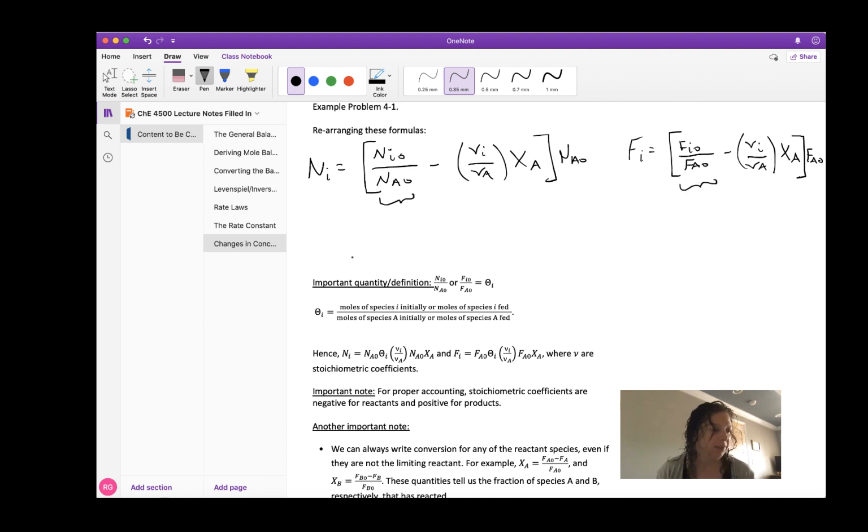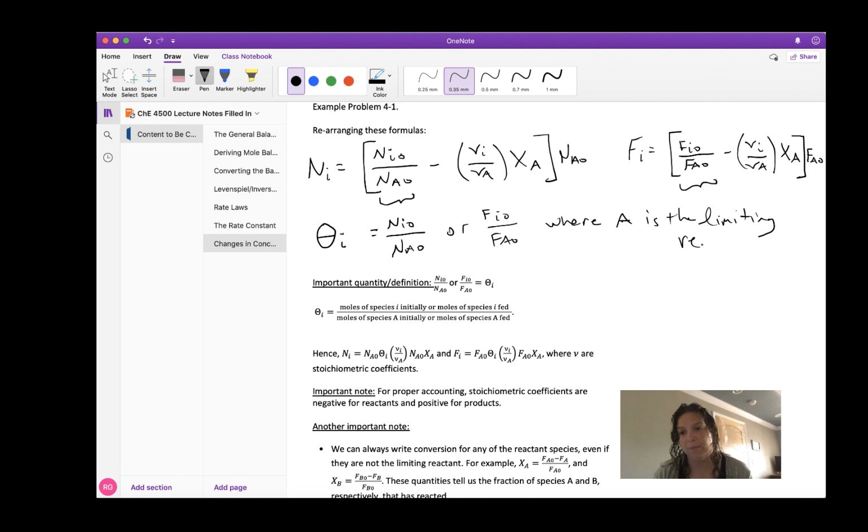This has a specific definition. So this is theta_i, the capital Greek letter theta_i, is equal to N_i0 over N_A0, or F_i0 over F_A0, where A is the limiting reactant. We can abbreviate that LR.